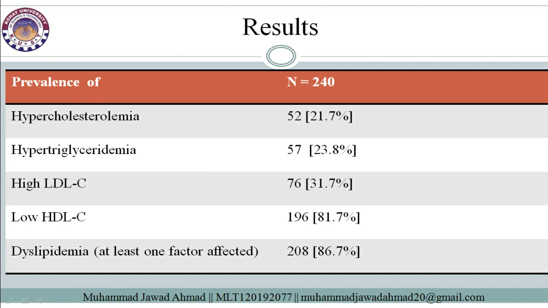High LDL-C value is seen in 76 students, which is 31.7%. Low HDL-C value is seen in 196 students, which is 81.7%. And finally, dyslipidemia, at least one factor affected, is present among 208 students.